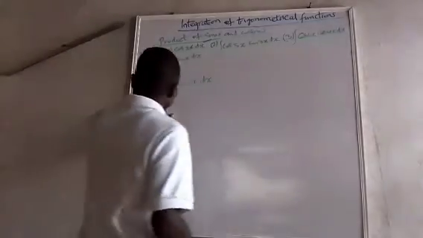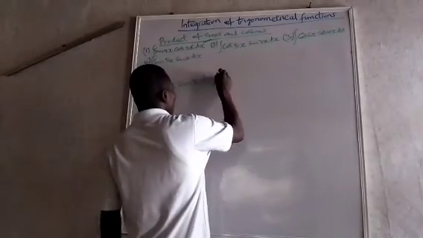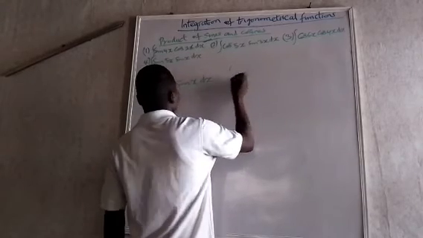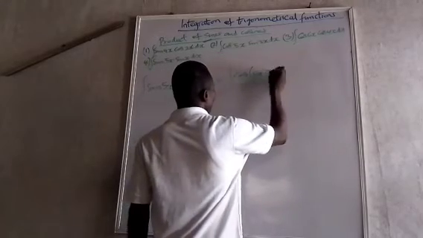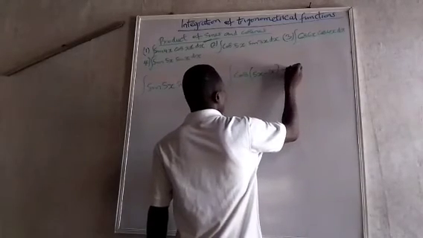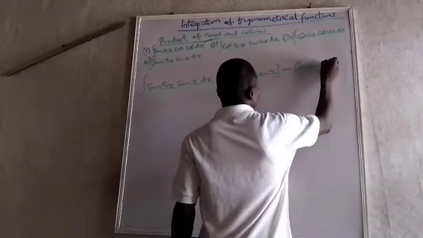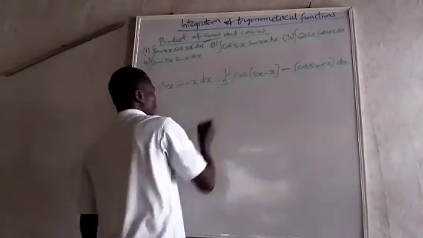Now we have sine 5x sine x dx. We are going to have it like this. This will be cos 5x minus x minus cos 5x plus x. Please don't forget this.